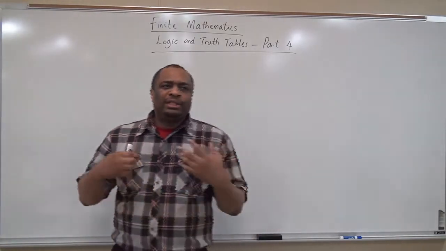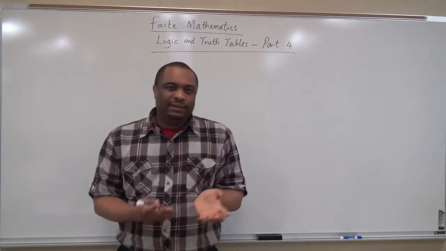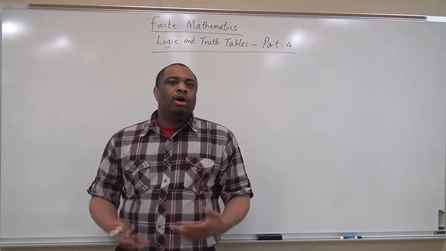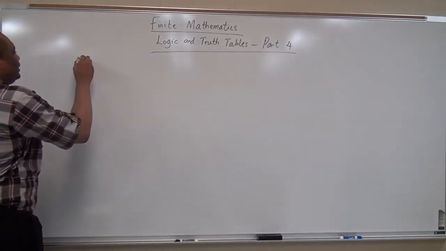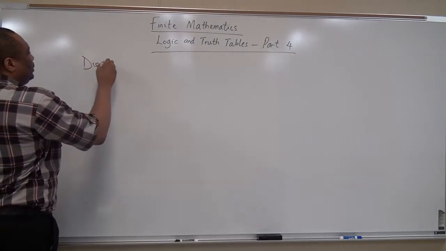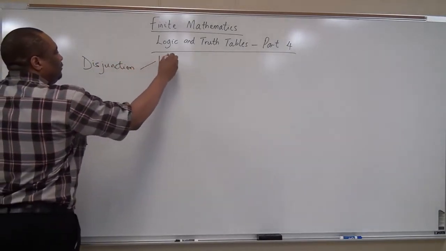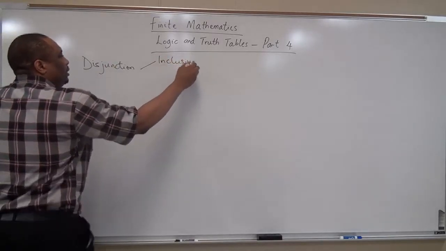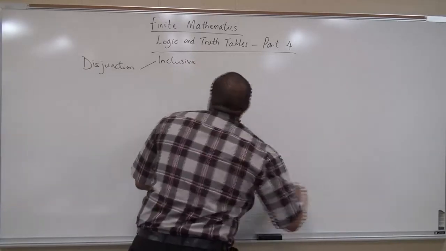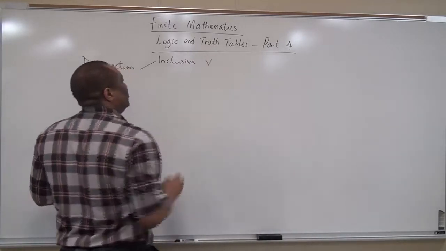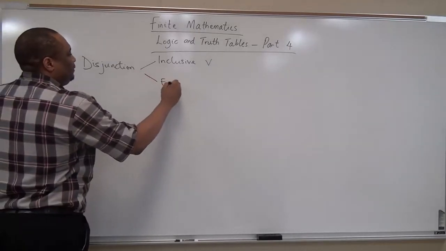When we talked about disjunction, it could be inclusive disjunction or exclusive disjunction. When we talk about a disjunction, that is "or". It could be inclusive disjunction, and that is when you have it like this symbol, or it could be exclusive disjunction.